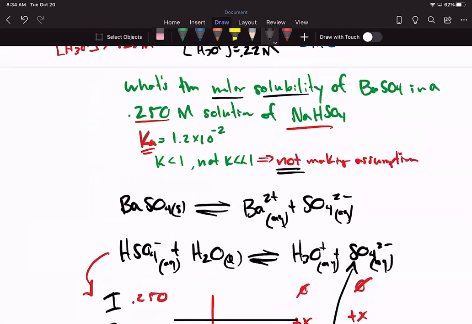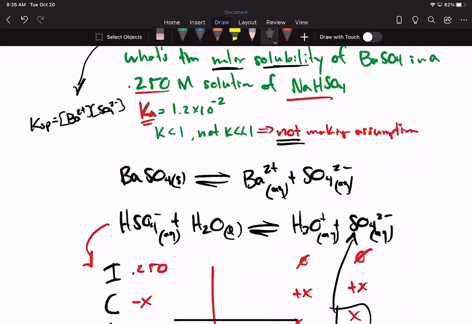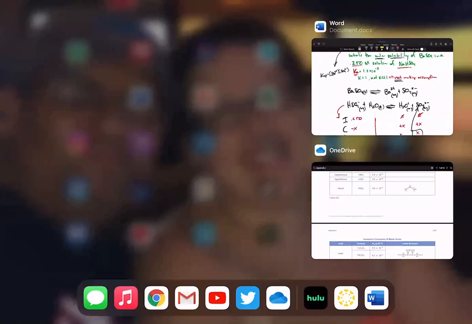All right, well, if we're going to calculate the molar solubility, we're going to have to look up the Ksp. But remember, our Ksp is how we figure out molar solubility, right? So we're asking for the molar solubility of barium sulfate. This is what we're looking for. Let's see if we can look up the Ksp. Hopefully we have this Ksp here.